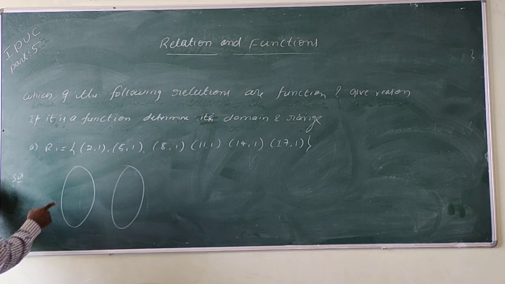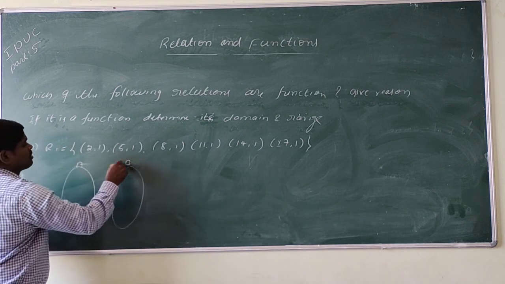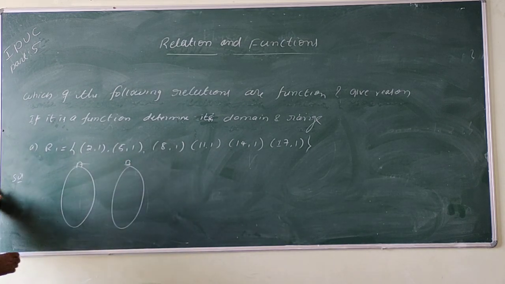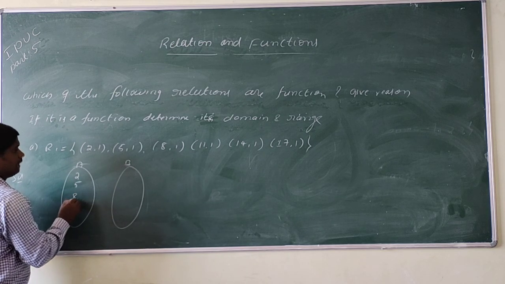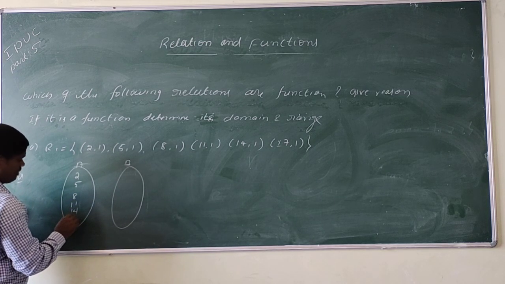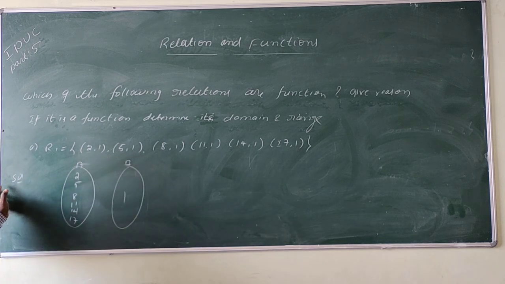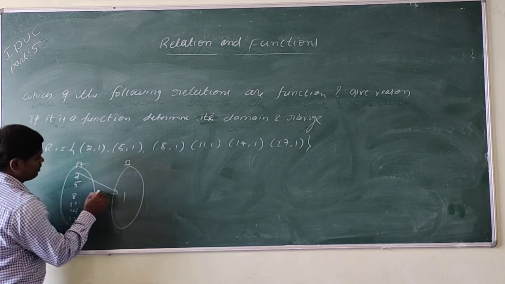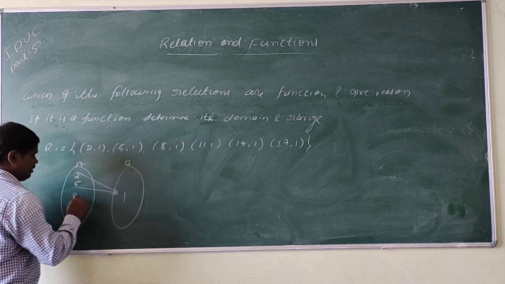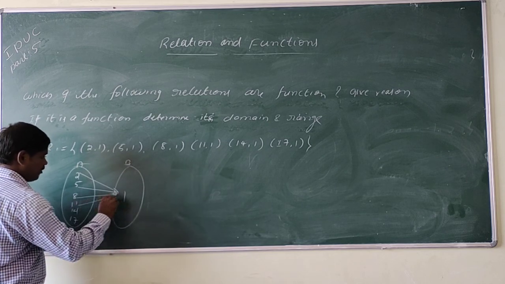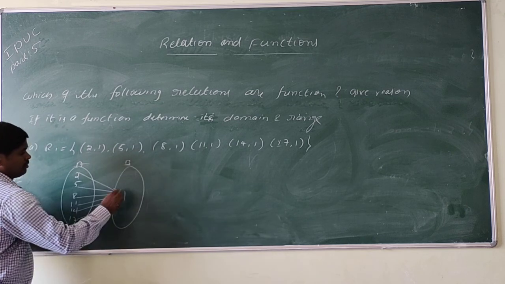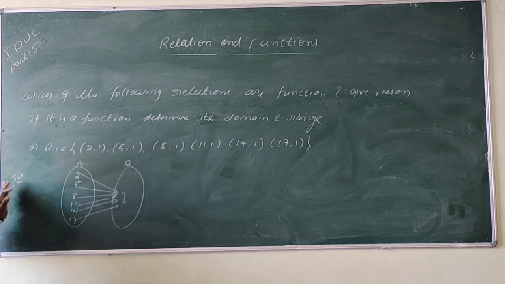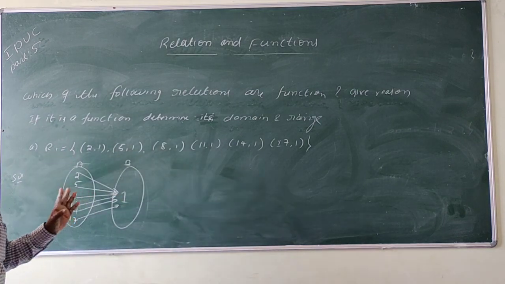Set A is the first set of elements, and set B consists of the second elements: 2, 5, 8, 11, 14, 17, and this is 1. So 2 is related with 1, 5 is related with 1, 8, 11, 14, 17 are all related with 1. So all the elements are related with one element.